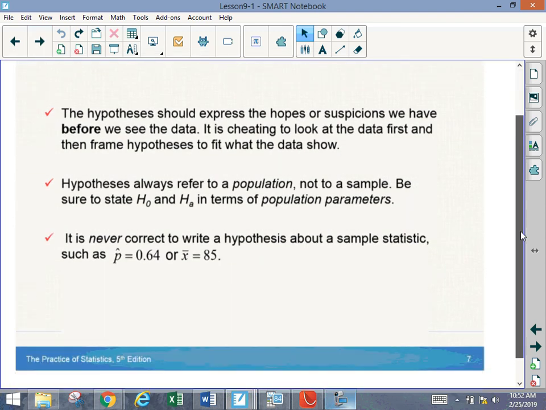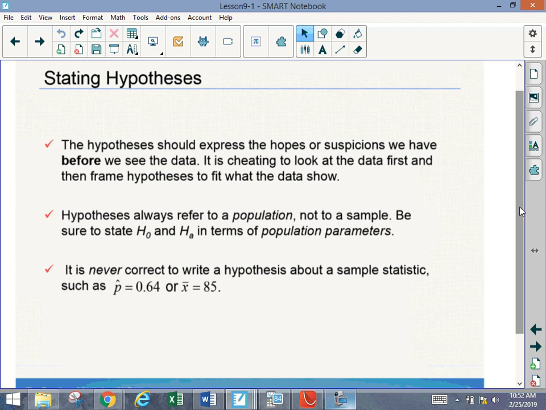All right, so these hypotheses should not be affected by the data. You're never, ever going to use a statistic. You're always going to use a parameter value for your hypotheses.